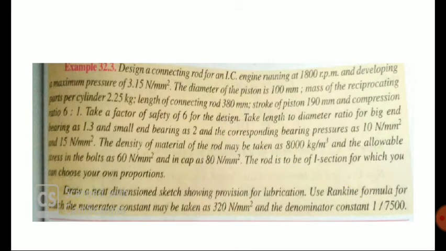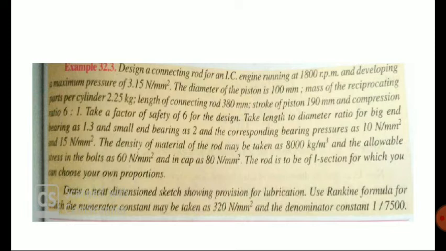Design a connecting rod for an IC engine running at 1800 rpm and developing a maximum pressure of 3.15 Newton per mm square. The diameter of piston is 100 mm. Mass of reciprocating parts per cylinder is 2.25 kg. Length of connecting rod 380 mm. Stroke of piston 190. Compression ratio 6:1, which is given as additional data here, not required in the question. Take a factor of safety 6 for design.